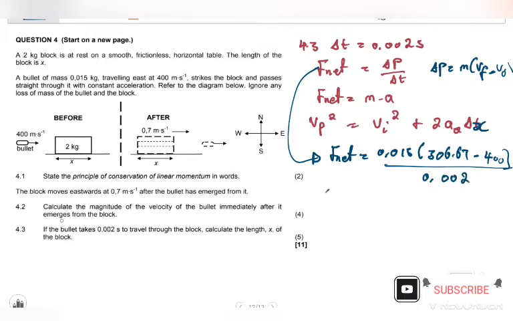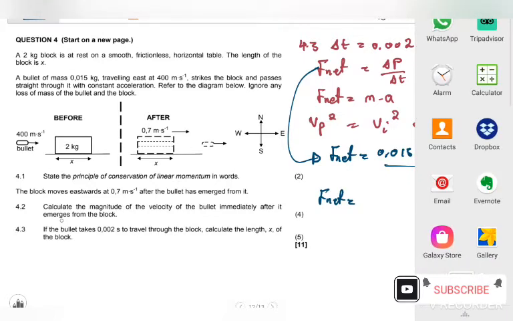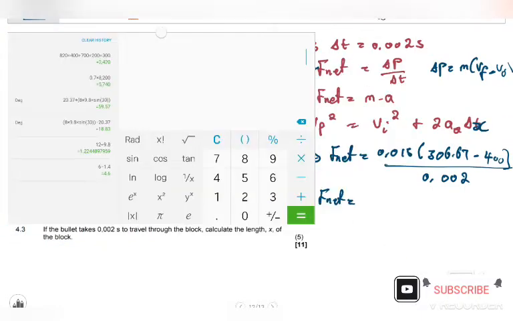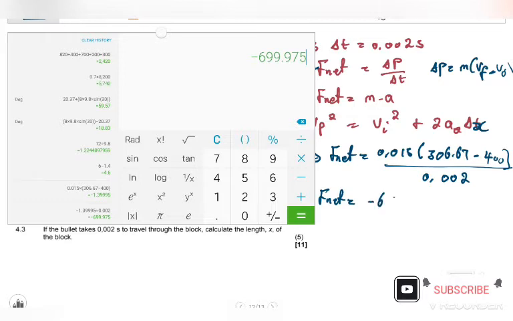So our F net is going to be, let's bring up our calculator: 0.015, then open bracket, 306.67 minus 400, then you get your answer here, then you divide this by 0.002. So we get minus 699.975 Newton.